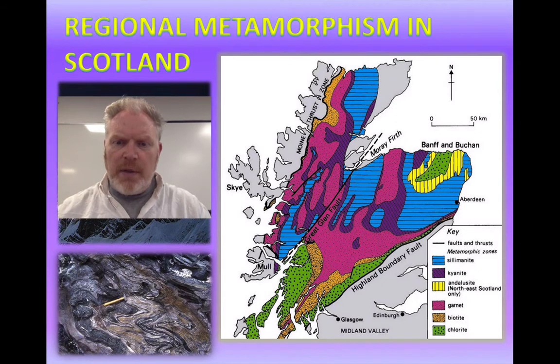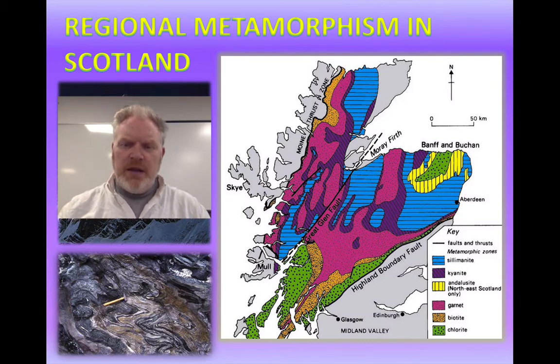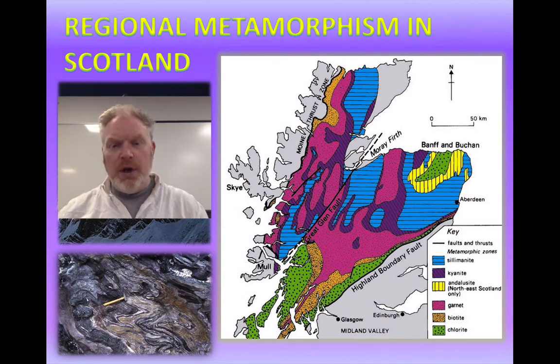This is a map of the Highlands. Each of the different colours on this map shows us a different type of metamorphism. We tend to define these by the minerals that we find within them, because we'll find some minerals that form at high temperatures and pressures, and other minerals that form at low temperatures and pressures.